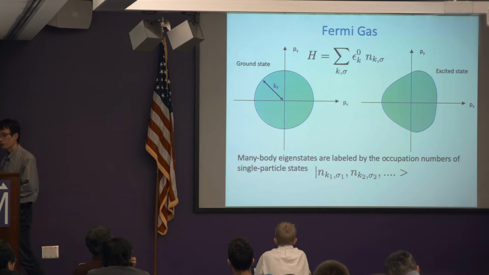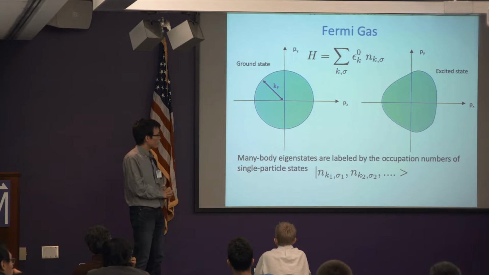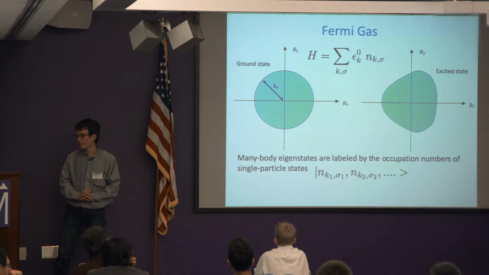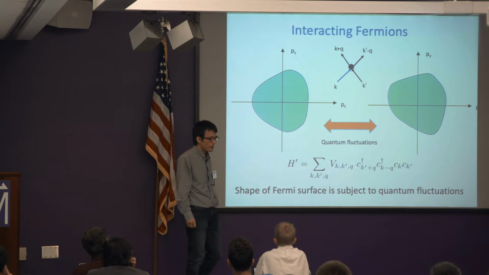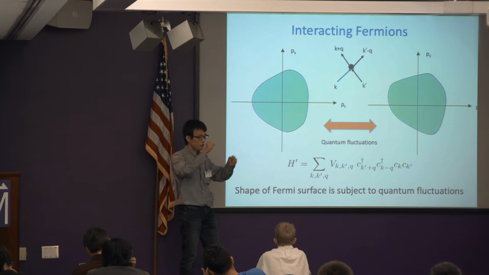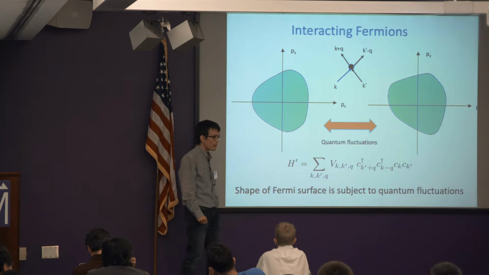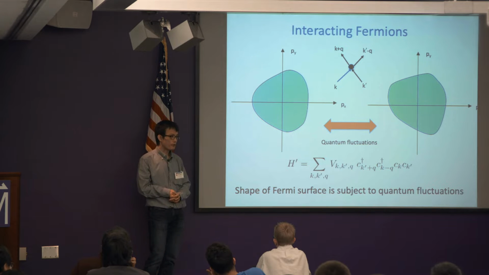So in a sense, the shape of the occupied region, the Fermi surface, is a good quantum number when there is no interaction. Now, if we turn on interaction, then particles can exchange momentum and scatter from one momentum point to another, and that causes quantum fluctuations of the Fermi surface.